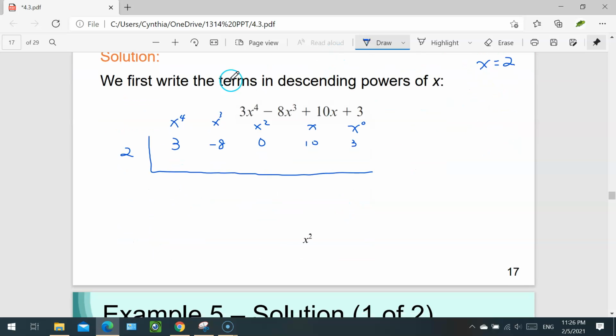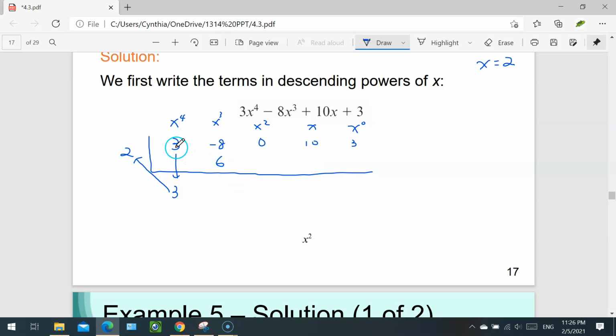Now, we always drop down the first term. I have the 3, so I drop down 3 here, and this number is below the box. Now you multiply this term with the outside 2. So 3 times 2, you get a 6. Now this 6 squeezes back to above the line.